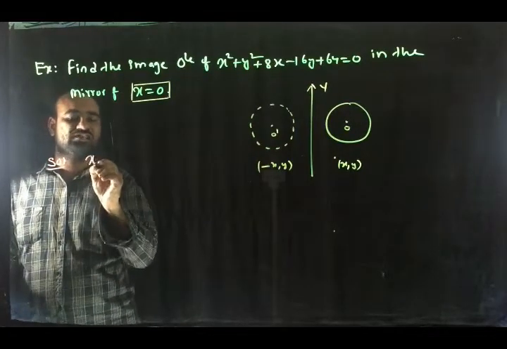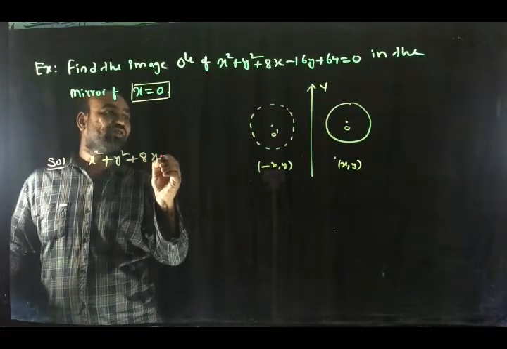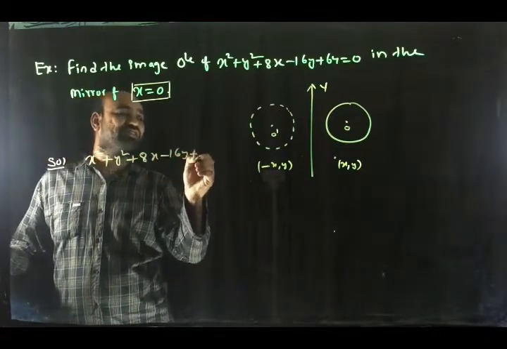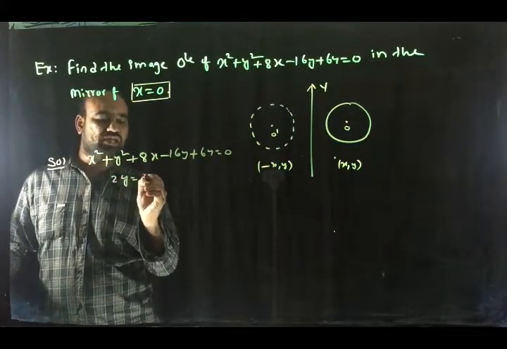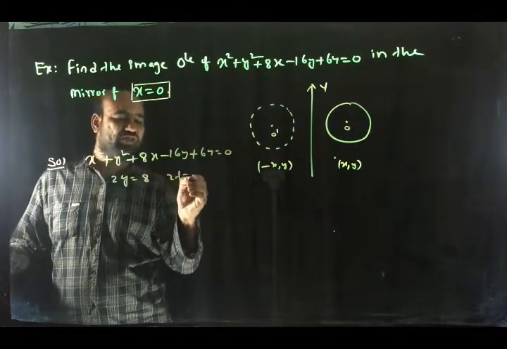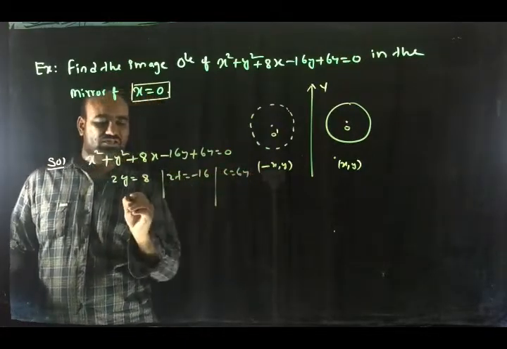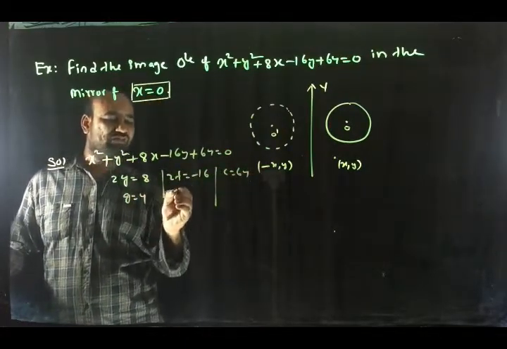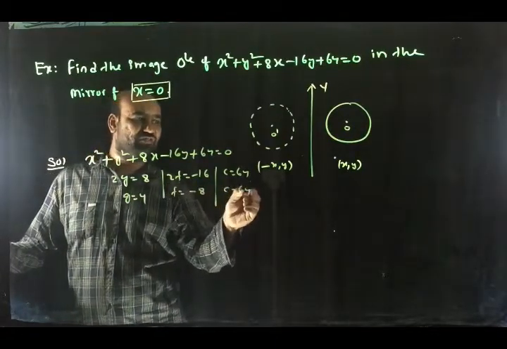So the given circle is x square plus y square plus 8x minus 16y plus 64 equal to 0. Here 2g is equal to 8, 2f equal to minus 16, c equal to 64. So g is equal to 4, f equal to minus 8, c equal to 64.